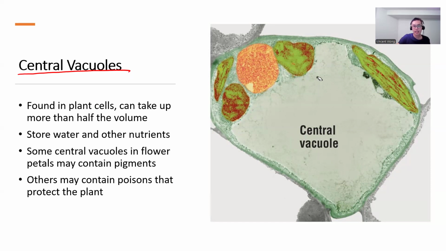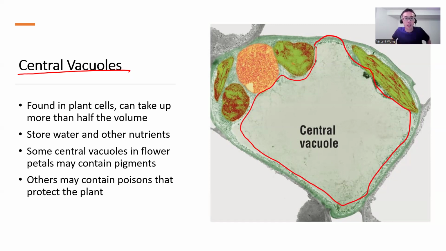The focus here is that there is a big filled-up sac here, and that is basically what the central vacuole is. It takes up more than half of the volume of the plant cell, and its main function is to store water and other nutrients. When you water a plant, the root absorbs it, and then the cell stores all of the water and uses it slowly.